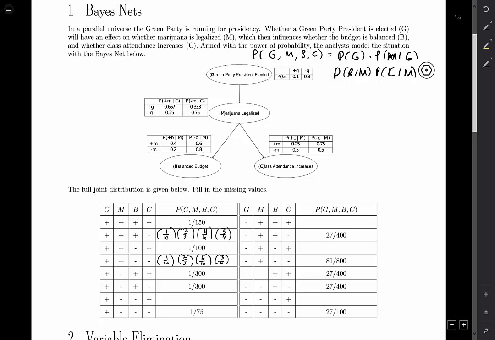So let's keep going. Plus G has a probability of 1 over 10. Minus M given plus G is 1 over 3. Minus B given minus M is 8 over 10. And plus C given minus M is 1/2.